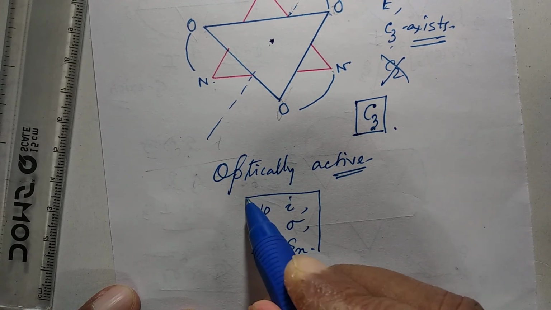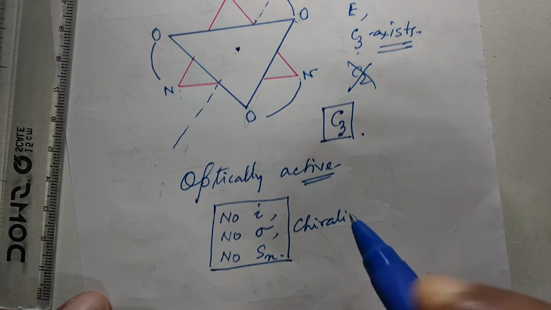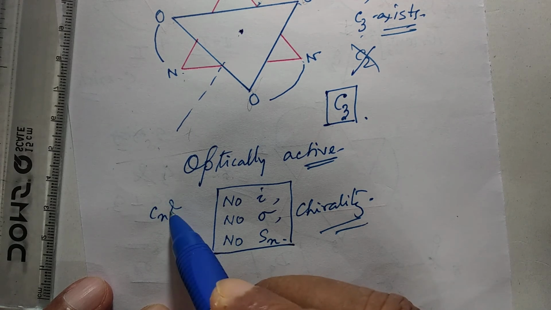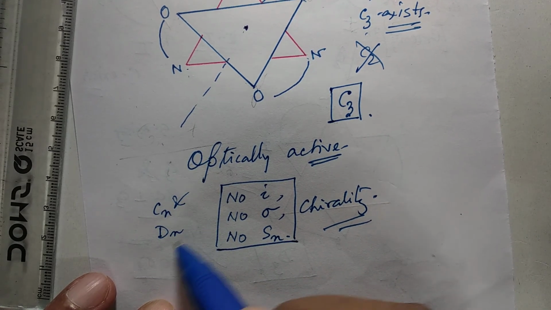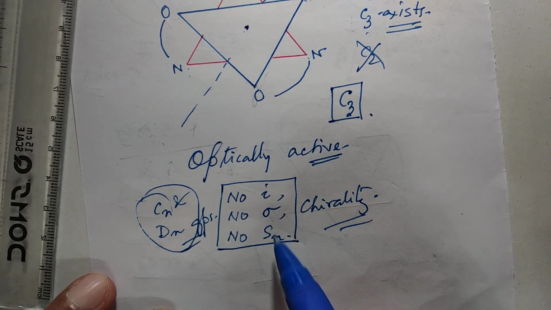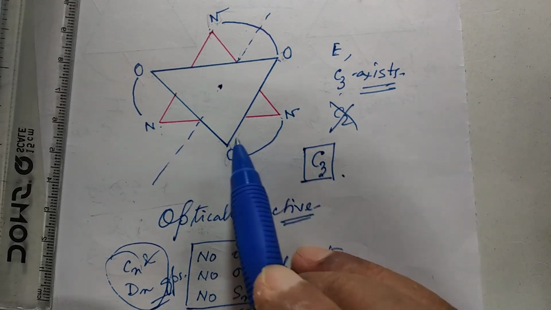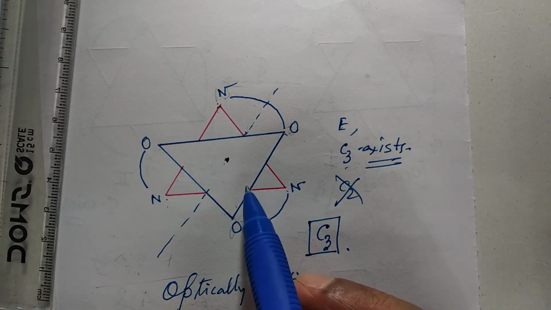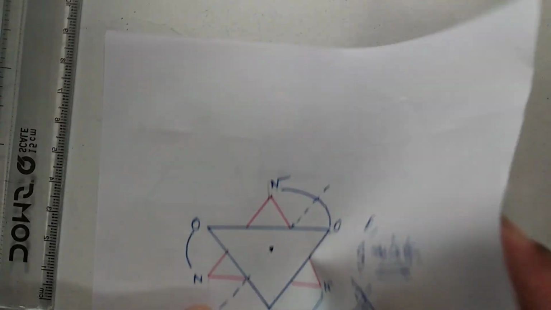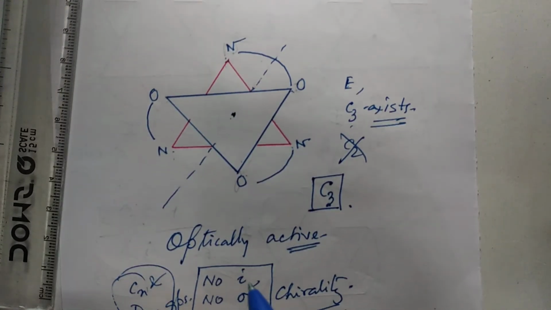This is the criterion for chirality. Only CN and DN type of groups can satisfy this condition. So this object, that is the tris glycinato complex and the tris oxalato or tris ethylenediamine complex are all optically active.